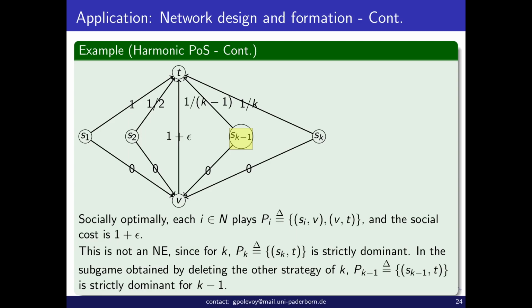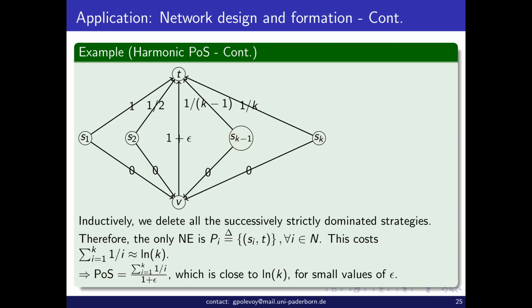Now, having deleted the strategy of player K that goes through V, we continue that way in succession, and we successively delete all the strictly dominated strategies.